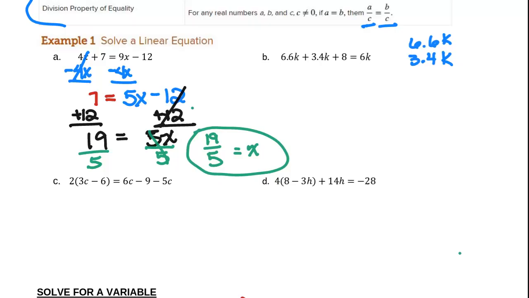When you are adding and subtracting, you need to line up these decimals. So 6 and 4 is 10, carry the 1. So it's 10.0, so that is 10K. So I just added those together. 10K plus 8 equals 6K.